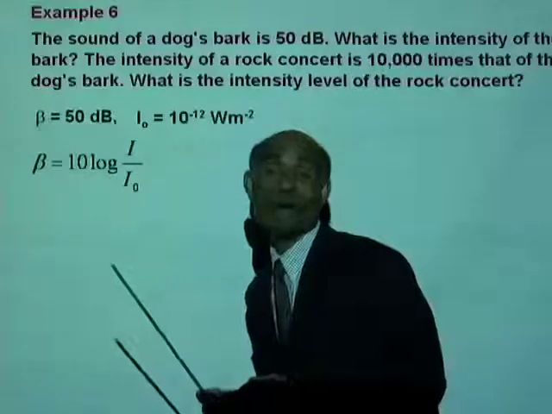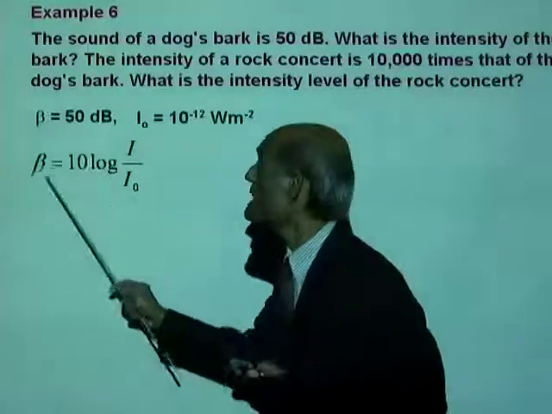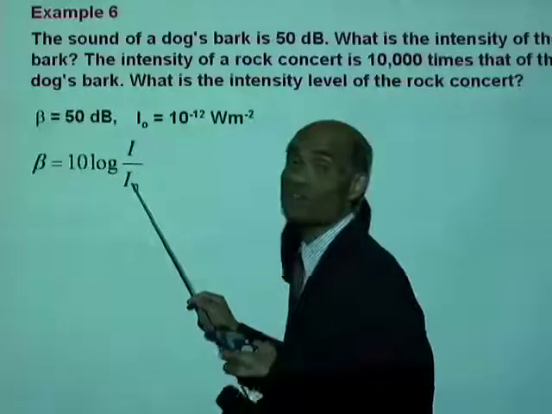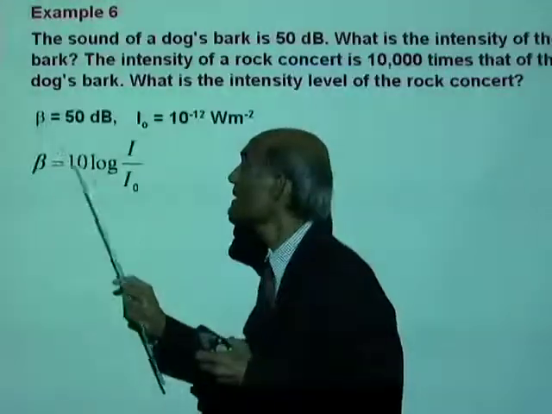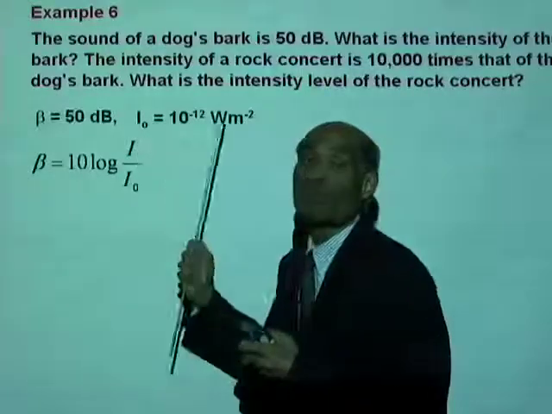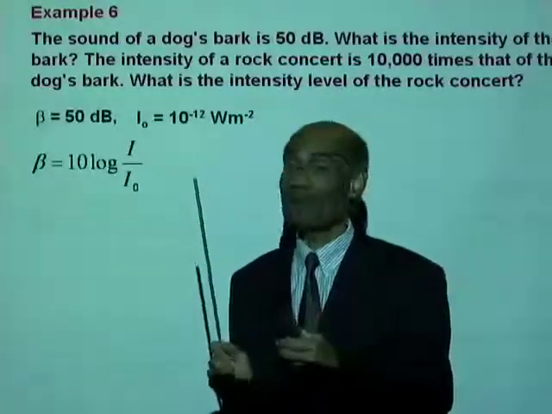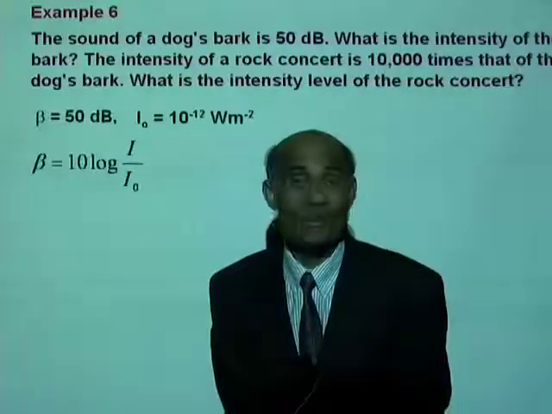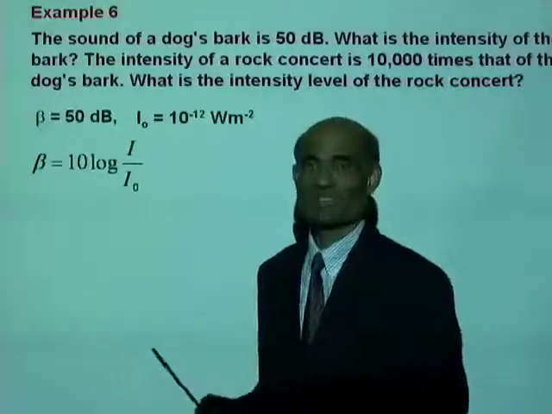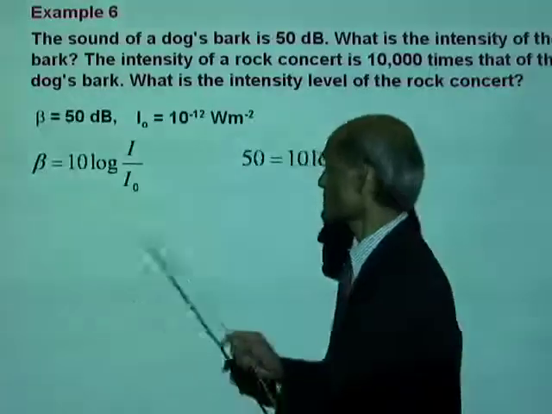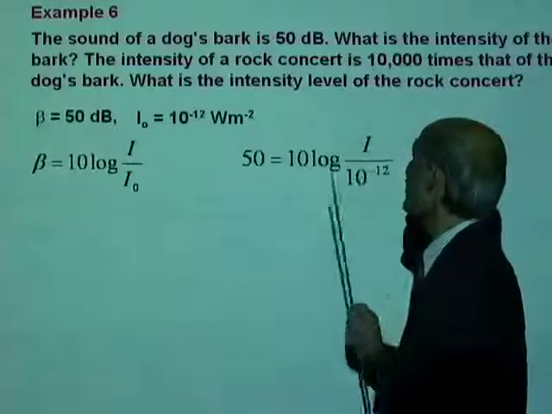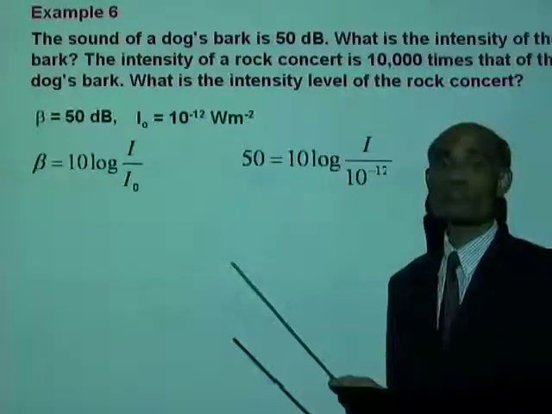And we go to our old equation, beta equal to 10 log I over I0. You know beta, you know I0, we need to solve for I. Well, if you know how to solve a logarithmic equation, which you do in your college algebra, okay, let's do it. 50 equal to 10 log I over 10 to the power of negative 12.